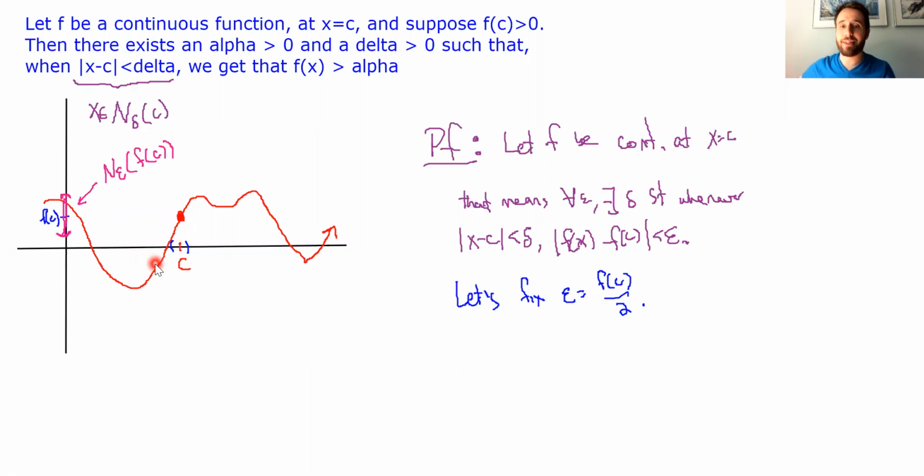So let's fix epsilon to equal f of c over 2, right? Then we know that there exists a corresponding delta. Let's jump back to blue.